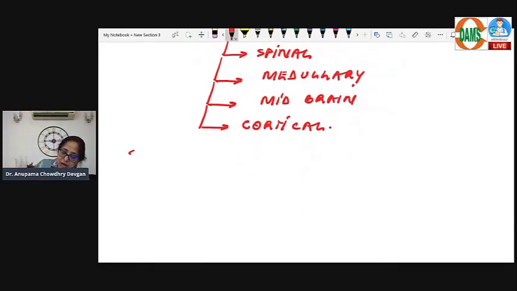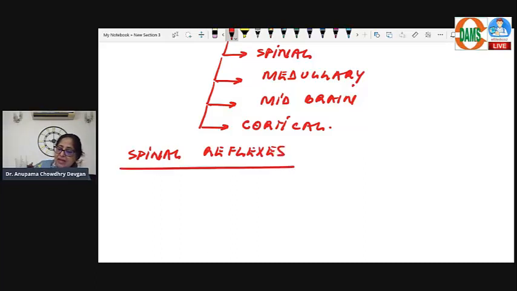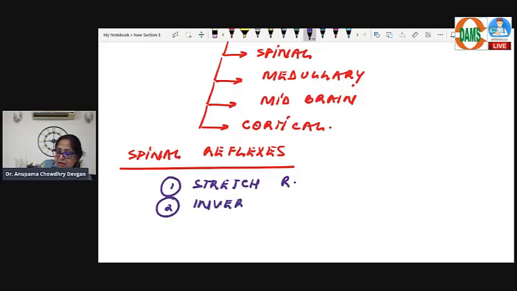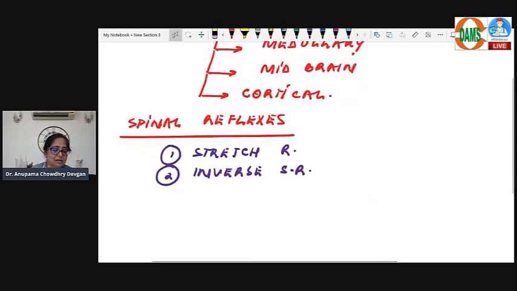Now let us see which are these spinal reflexes. I've already discussed 2 extremely important spinal reflexes with you, in a lot of detail: the stretch reflex and the inverse stretch reflex.